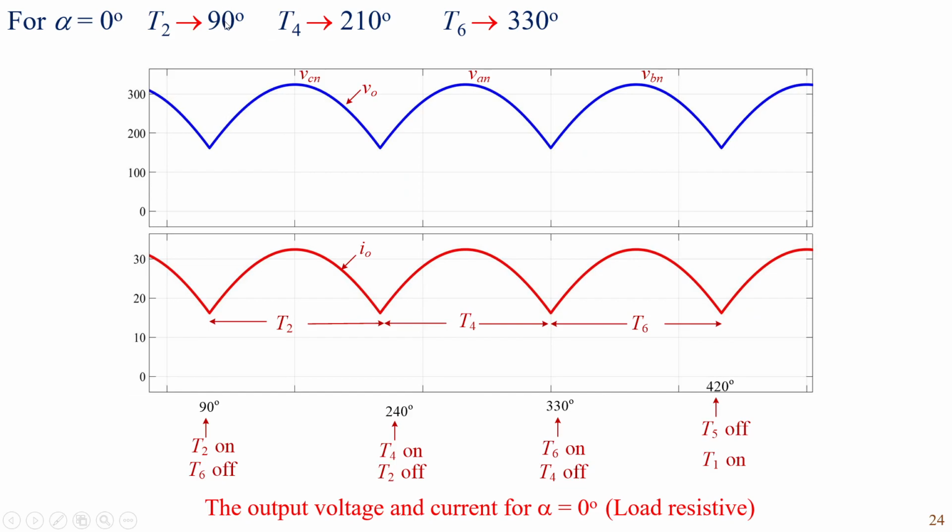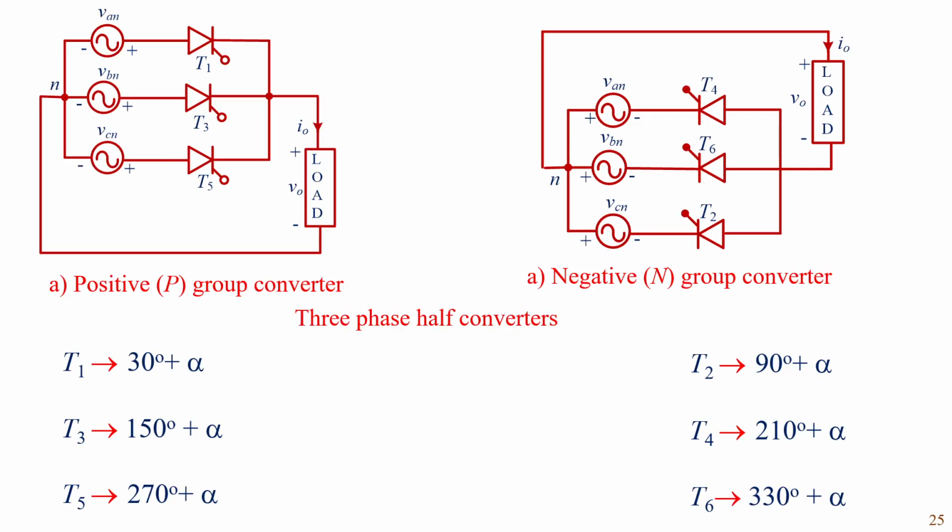T2 is turned on at 90, T4 is turned on at 210, and T6 is turned on at 330. The output voltages are identical for positive and negative group converters for the same firing angles.